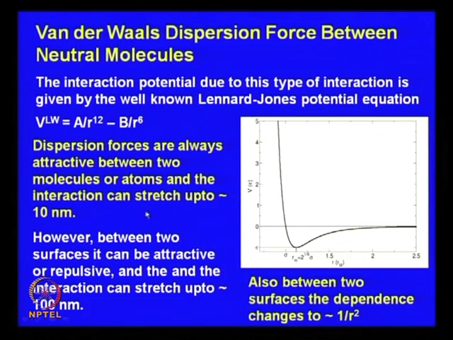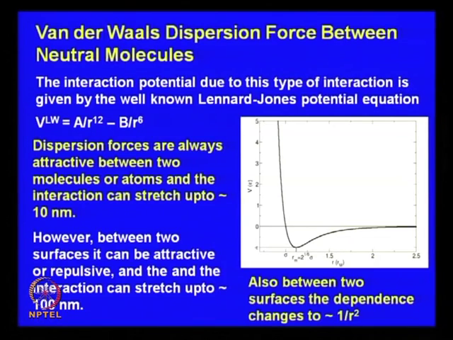However, this interaction, the 1 by r to the power 6 relation we talked about, is valid between two fundamental particles like atoms or molecules. In reality, there are lots of areas where you see a physical signature of van der Waals force or this type of dispersion force, but in most cases this is between two surfaces.